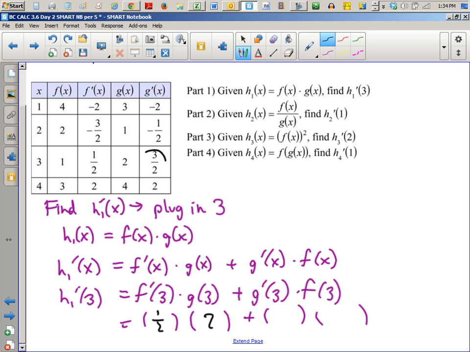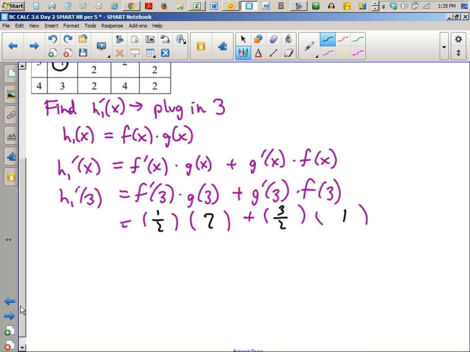X is 3. G prime of 3 is 3/2. And what's f of 3? 1. Okay. So this is not a hard problem at all. It's all numeric, but you do have to know the product rule, right?